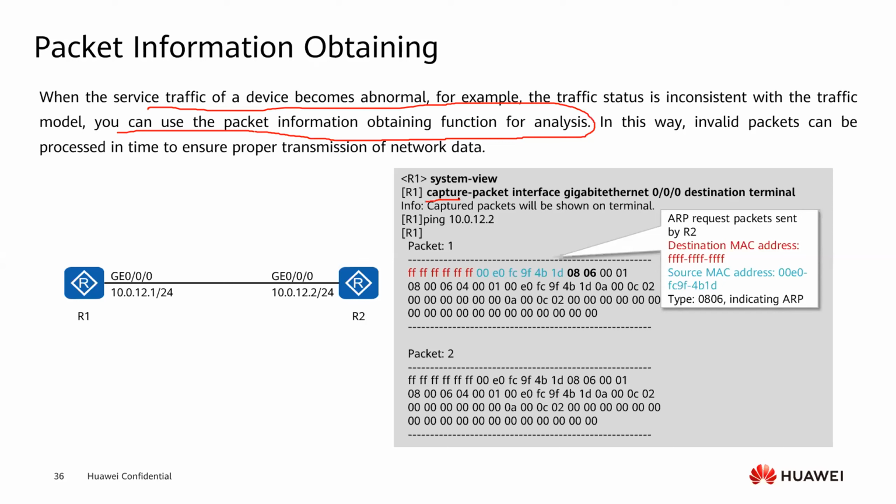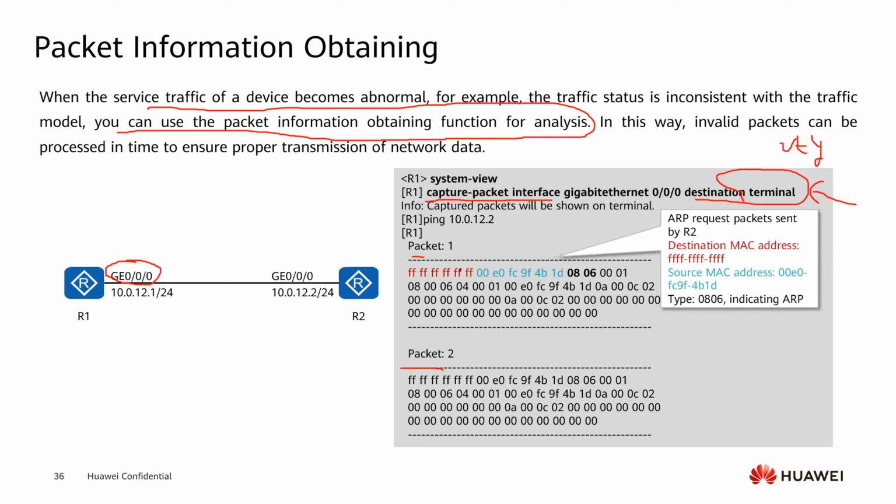We capture packet interface GigabitEthernet 0/0/0 destination terminal. It means the VTY interface. We can see here packet 1 and packet 2.